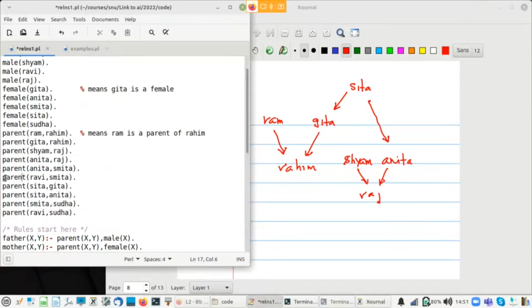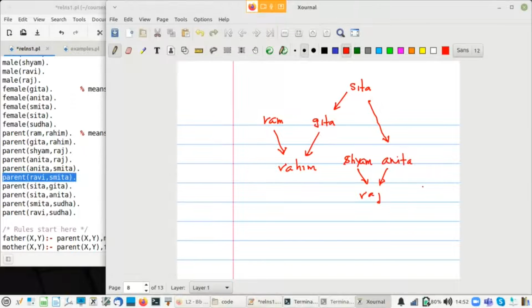So let's do this. We're looking at this now. So Ravi is Smita's parent. So Smita has to be added somewhere. Let's add it here. And we have Ravi. Okay. So we have already done Sita is Geeta's parent and Sita is Anita's parent. We have done that.